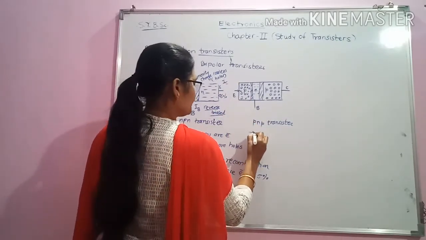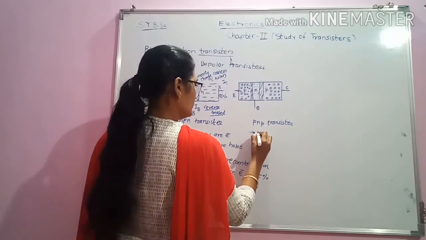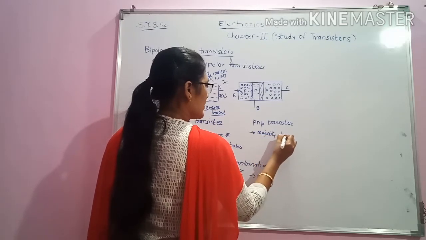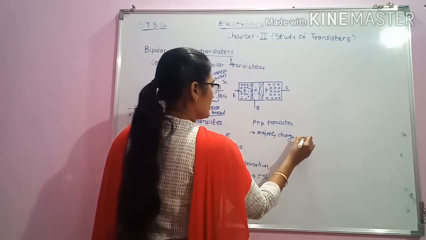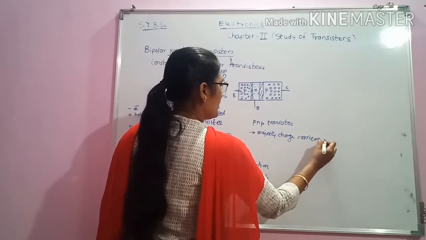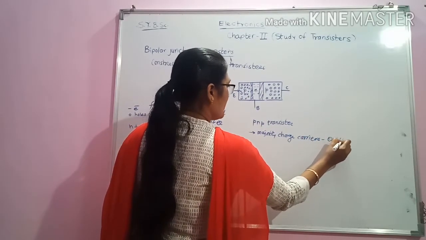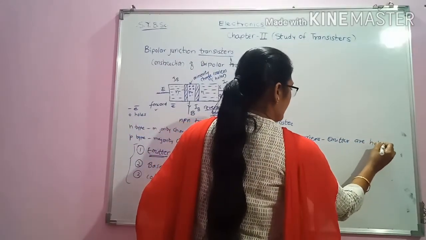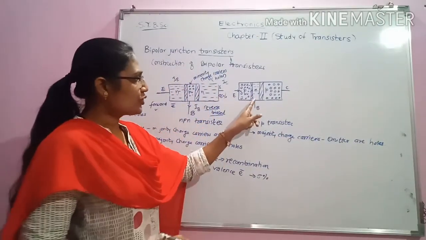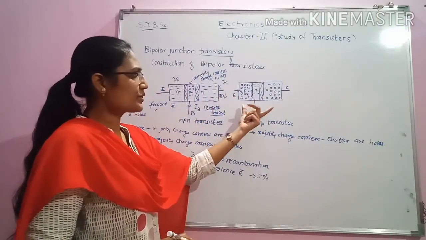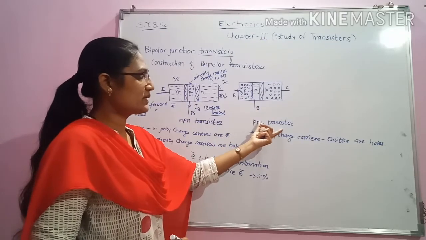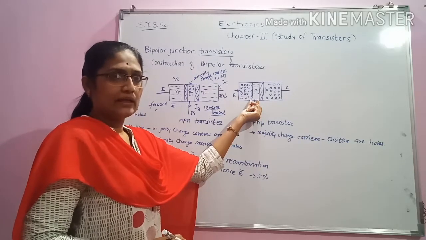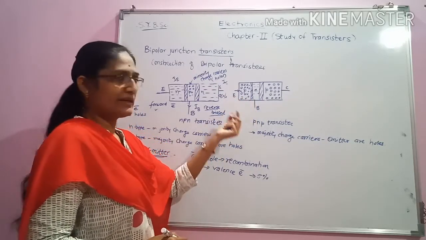Here, majority charge carriers in case of the emitter are holes, and this portion is called the base. The structure of this PNP transistor is the same, because the base will have a small size and its doping is also very less.